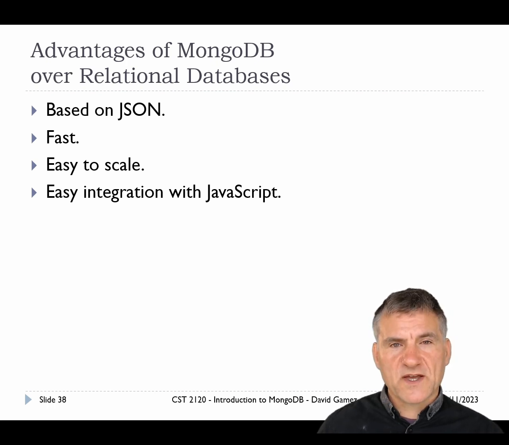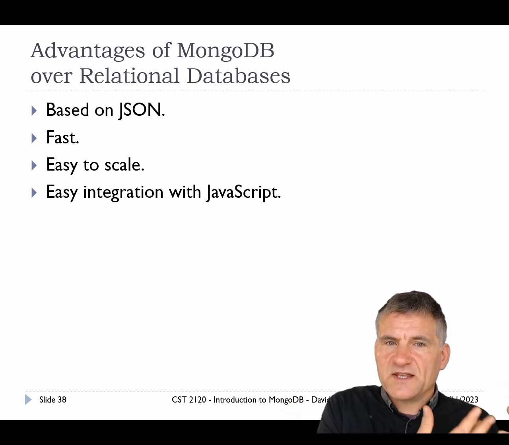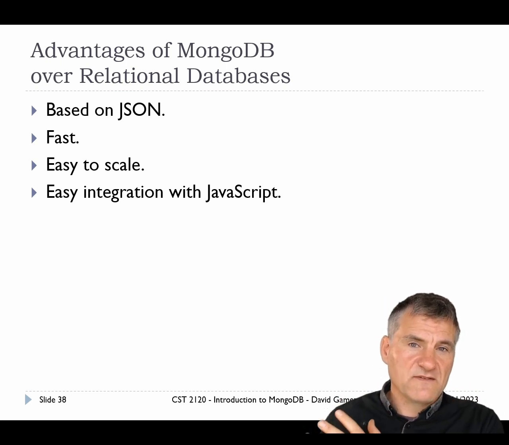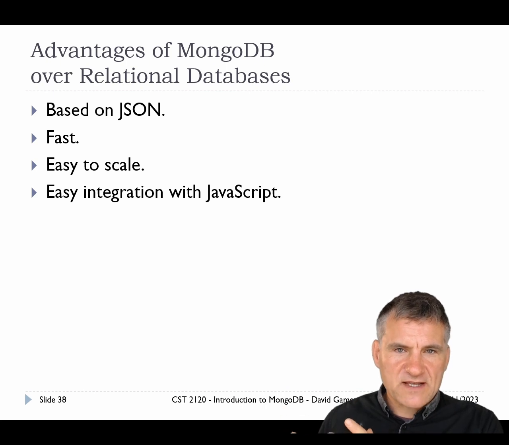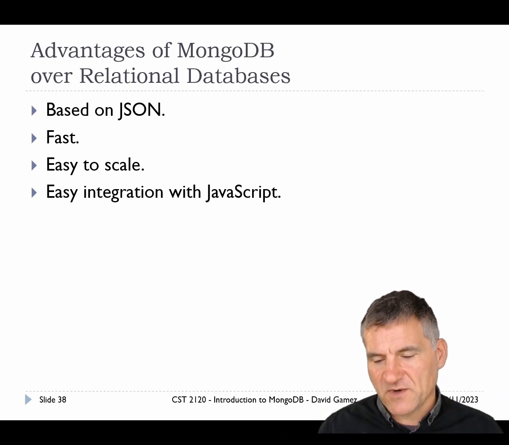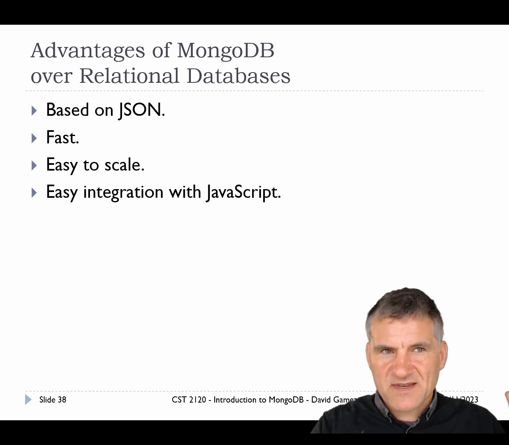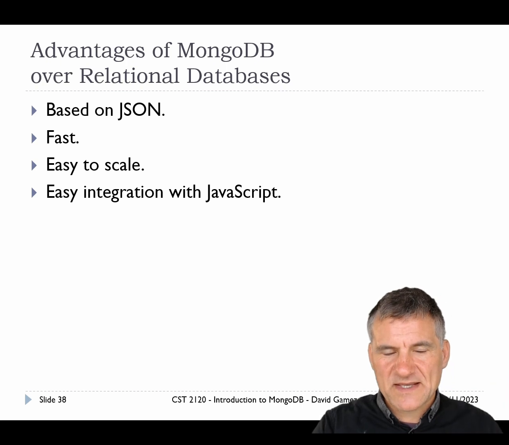But we've moved over to using JavaScript and MongoDB, because if you retrieve a document from MongoDB, it's already in JSON format, so you can instantly convert that into JavaScript and just work on it as a JavaScript object. This ability to work nicely with JavaScript is a real advantage for MongoDB. Relational databases can quite easily be converted to JSON, but not so easily to JavaScript objects, yeah?